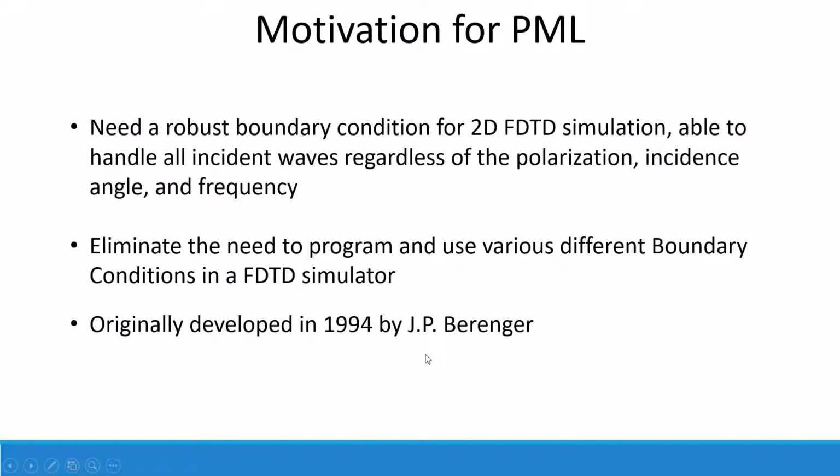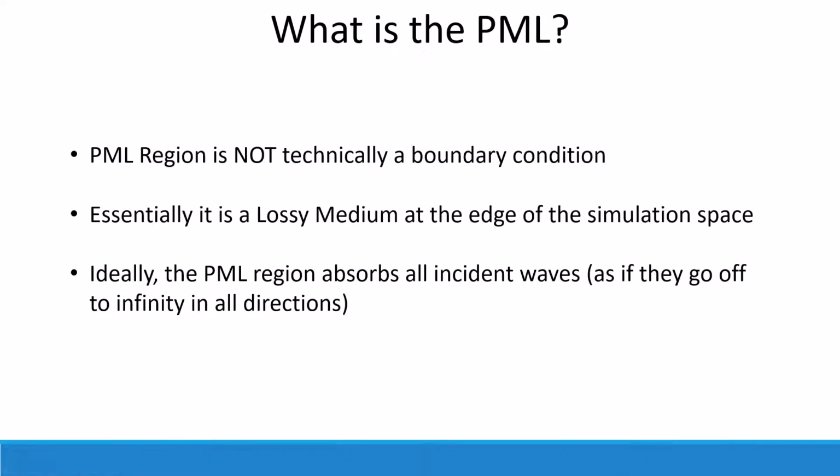So what is the perfectly matched layer? So the PML is not technically a boundary condition. It is actually just a termination method. So it doesn't include any modifications directly to the finite difference equations at the boundaries. It is built into the update equations, as we'll discuss later.